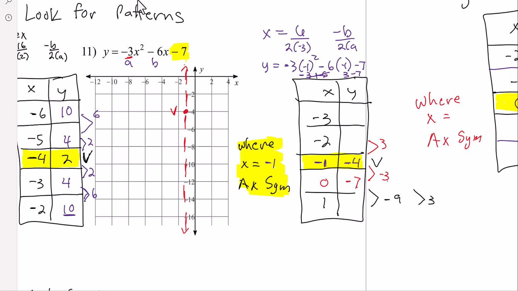So negative 9 and negative 7 is negative 16. And so we're going to go down 3 over 1, and then down 9 over 1.